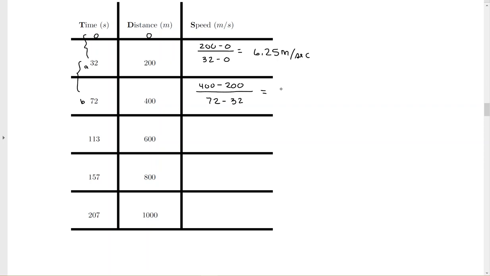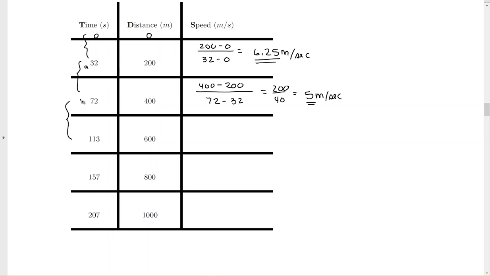That works out to 200 divided by 40, which is, again, 5, and then meters per second. So it looks like we're slowing down a bit here. 6.25, and now we're down to 5 meters per second. All right, keep going. Now we're going to do the next two.